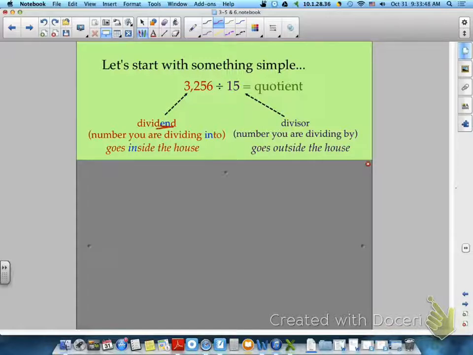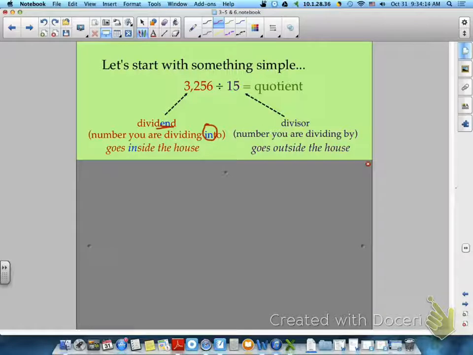Do you guys see the EN in dividend? Okay. So dividend is the number you are dividing into. So it's almost like the same sound. EN and IN have the same sound, isn't it? So dividend is the number you're dividing into. Another way to look at it, in fourth grade, is that it's the one that goes inside the house.